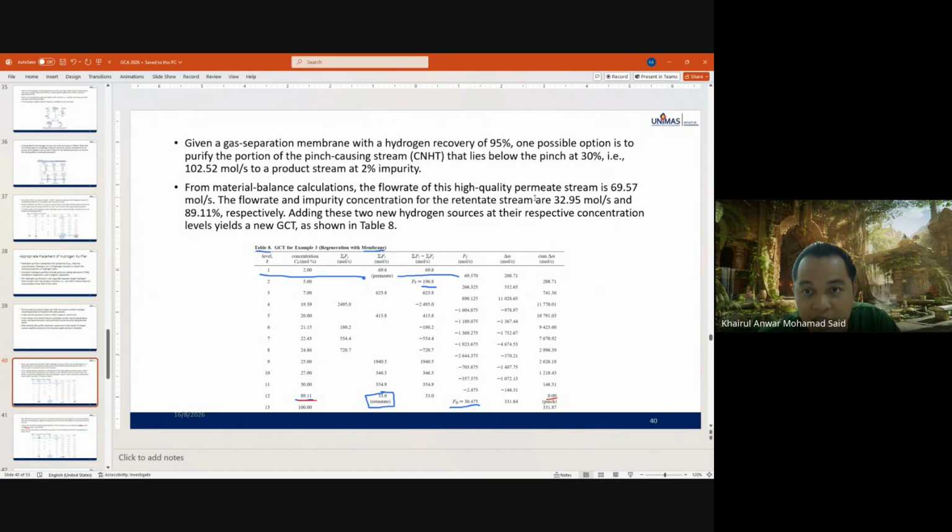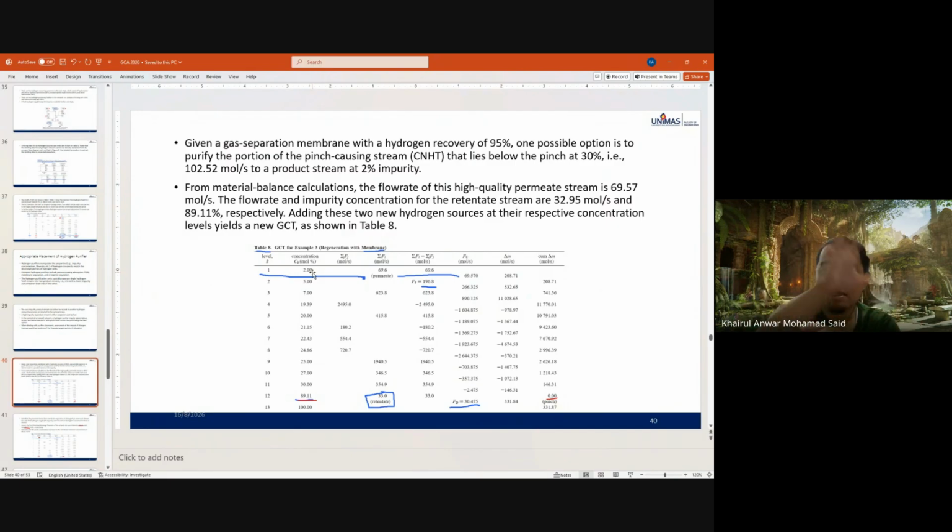69.6 is the high quality permeate. Because the membrane works continuously, and the pressure is high, some of the gases, meaning the hydrogen, can pass through. That hydrogen passing across the membrane is the permeate, the high quality, the best one, meaning the 2%.